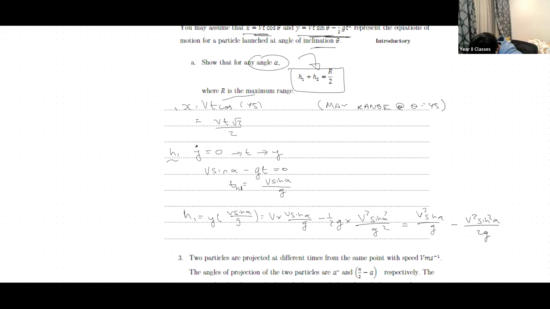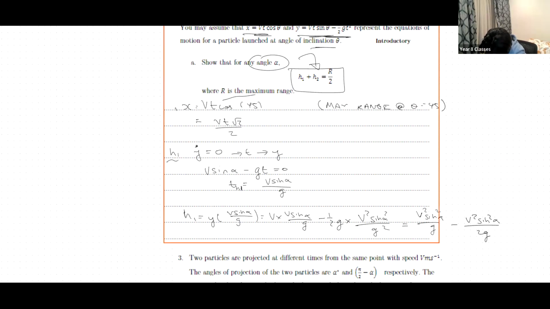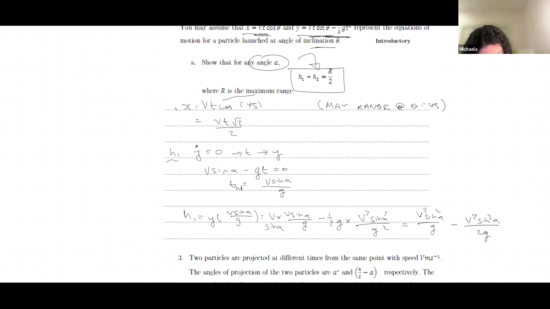Yeah, this should be a sine squared here. Oh, right, I forgot to times by sine A. So that's just going to be v squared sine squared A on 2g. The final one. And I'll leave it at that.